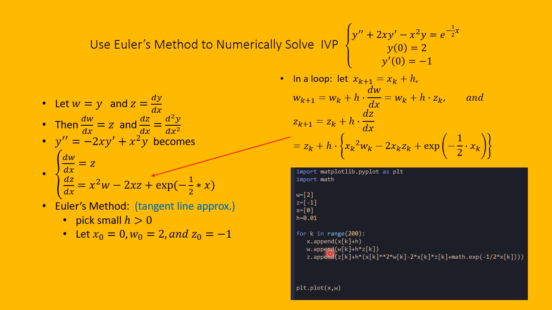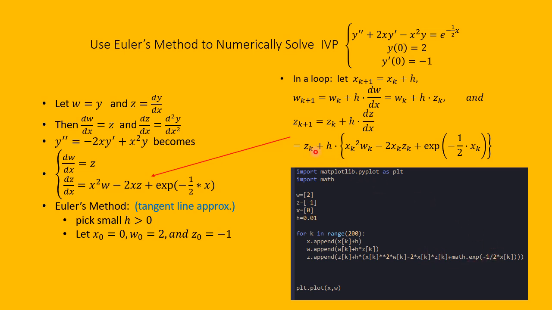w.append w sub k plus h times z sub k. That's what we have right here for w sub k plus 1. To the z list, we append z sub k plus h times, and then all this stuff, which is what we have right here.